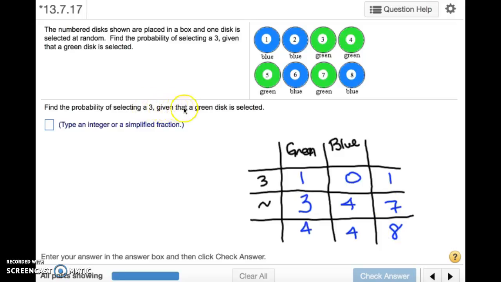Right, so it says given that a green disc is selected. So that means I am only looking at this column. Right, and what's the probability of selecting a 3? So that's going to be a 1 out of the 4 discs in this row. And that's going to be your answer.